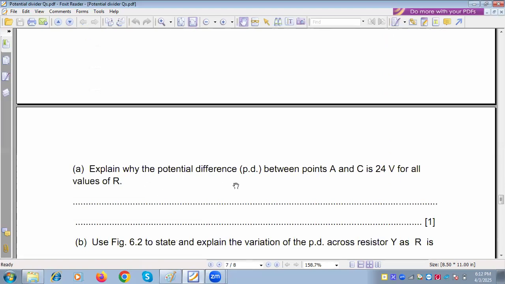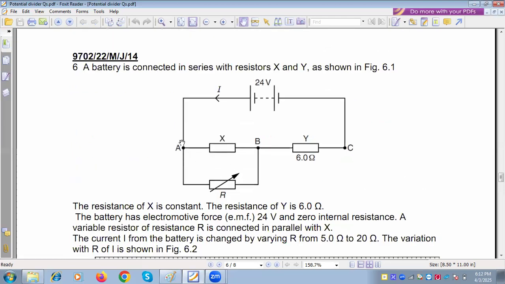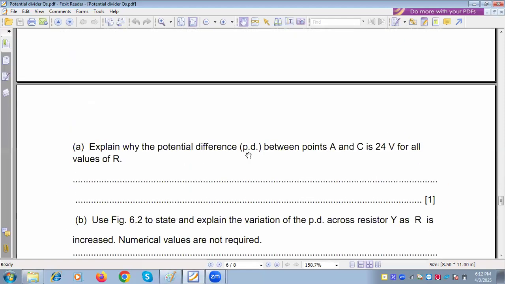Explain why the potential difference between A and C is 24 volt for all the values of R. Whatever is the value of R, the potential difference between A and C will remain the same because the charge uses no energy while passing through the cell. There are no lost volts because the battery has no internal resistance.